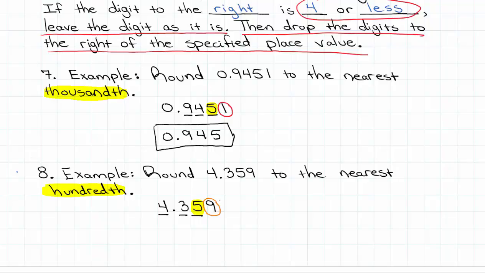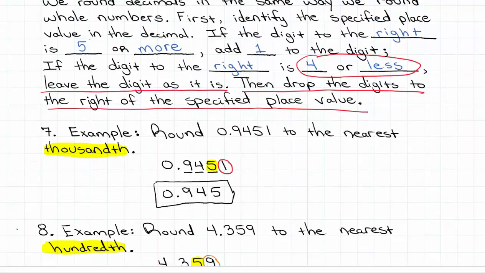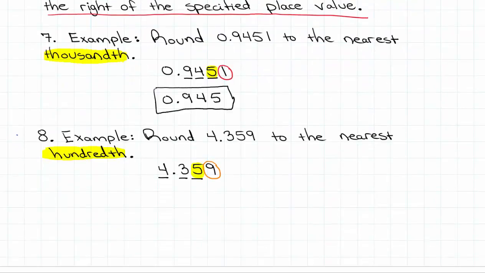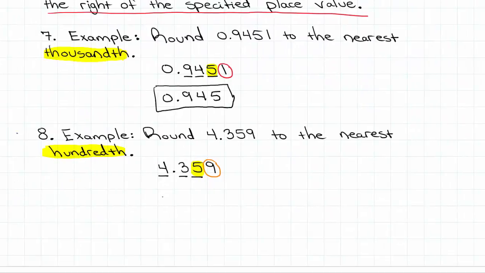To the right of that digit, we have a 9. 9, that would be considered 5 or more. So we are going to add 1 to that digit in the specified place value. So this is going to turn into 4.3, and then we're going to add a 1 to that 5.